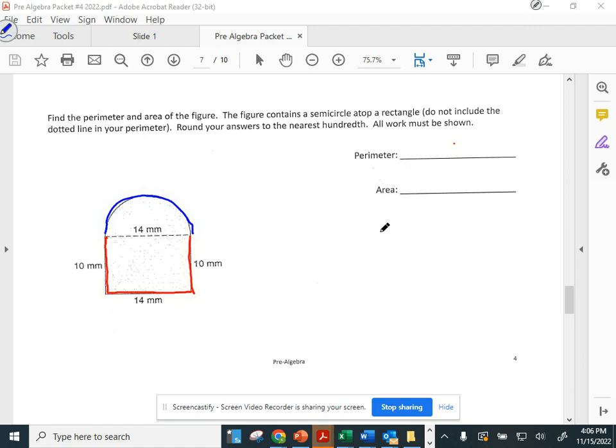So the perimeter of a circle is also called the circumference. So the circumference of a circle is the outside of your circle. So the formula for the circumference of a circle is 2 times pi times r.